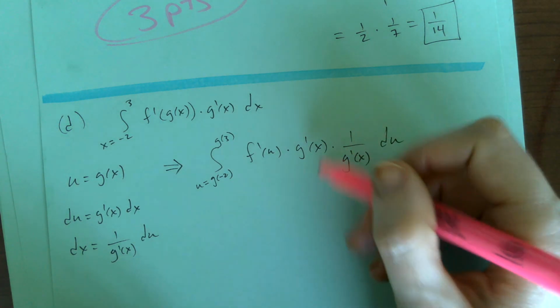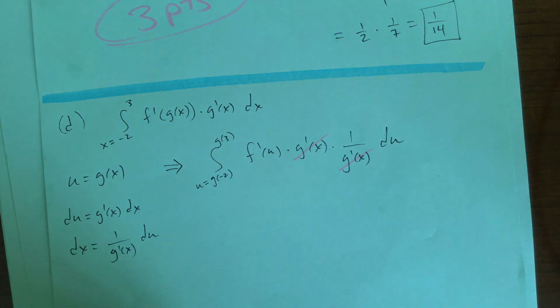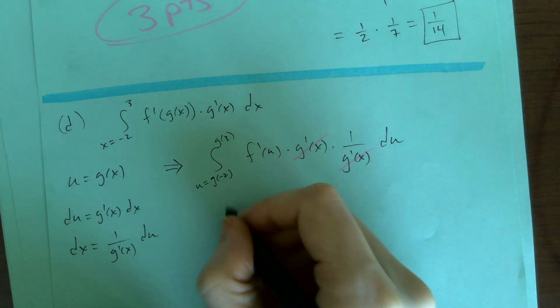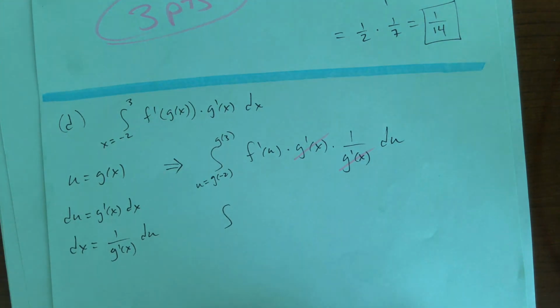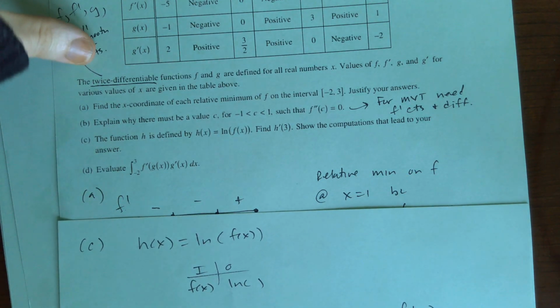Right now these are canceling, which is exactly what I want to happen. Okay. And then I look at my table and I want g of -2 and g of 3.